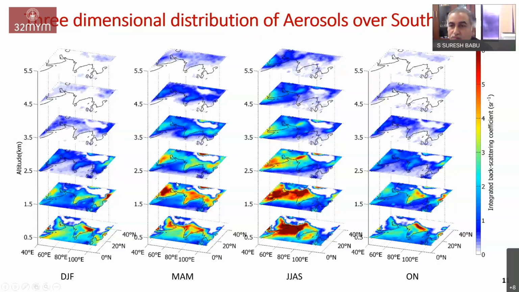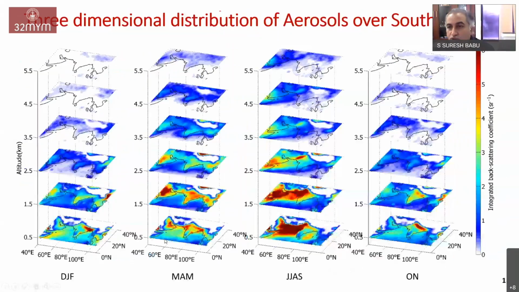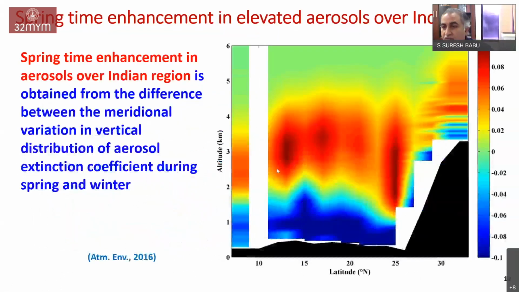To find out how much aerosol gets transported to the higher altitudes, I took the difference between winter and spring. Here I longitudinally averaged the profiles and took only the latitudinal variation. We can see that during springtime there is an umbrella of aerosols situated between 2 to 5 kilometers, confined to that area.